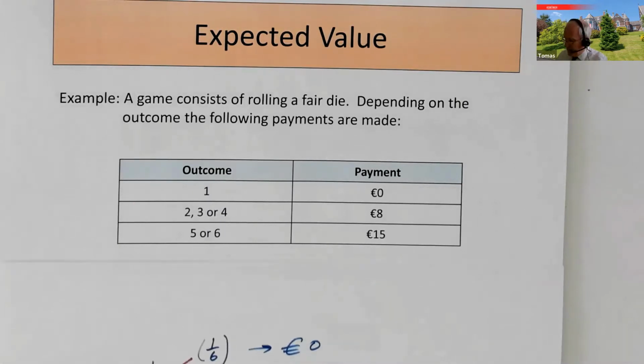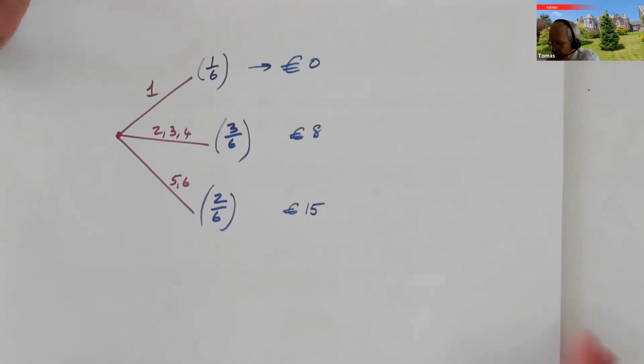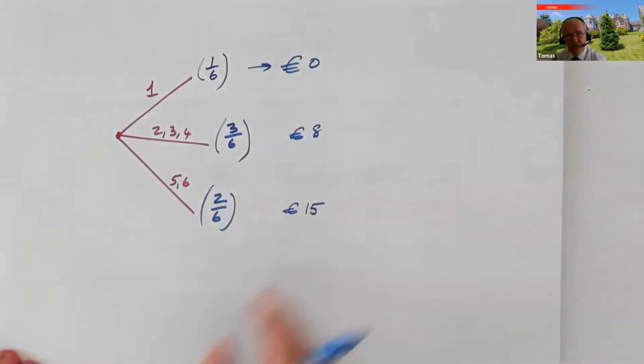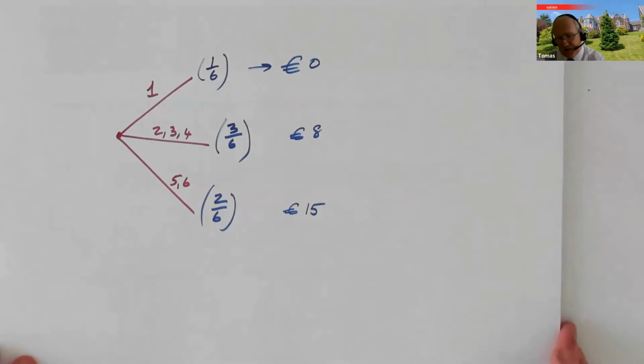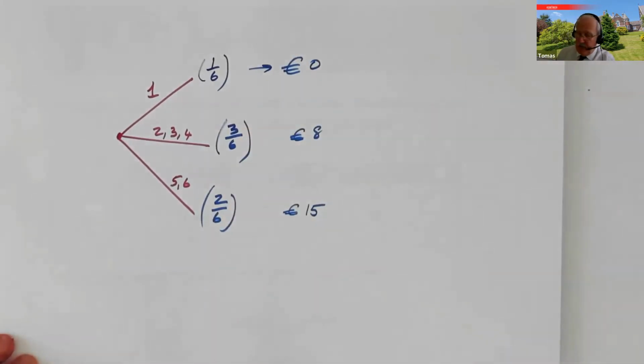What is the expected value from the game? So if you only play it once, you're going to get either 0 or 8 or 15. But if people play it again and again and again, on average, you'll see that they get a certain score. And you might want to get that ready if you have to end up paying for the outcomes.